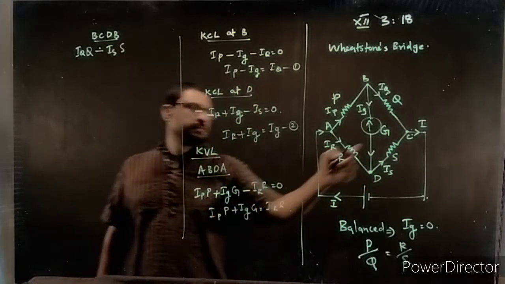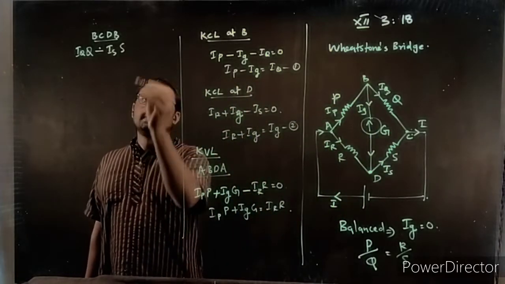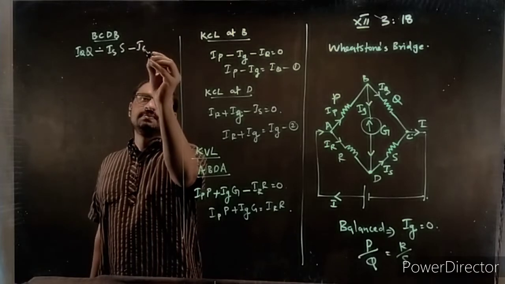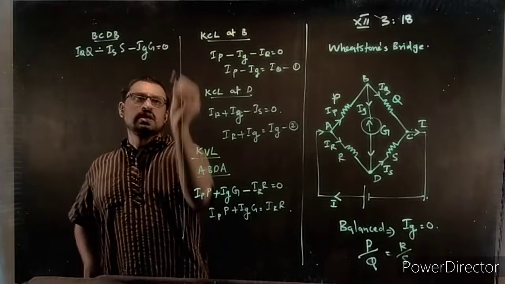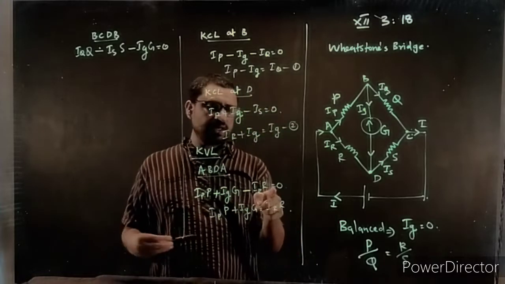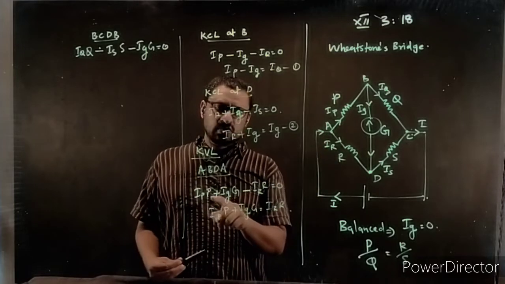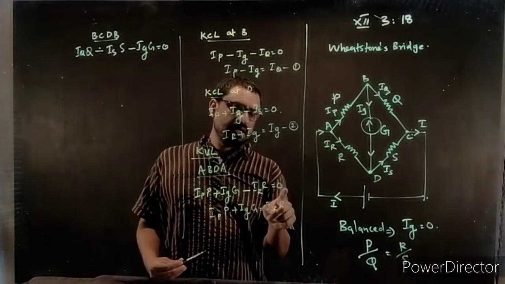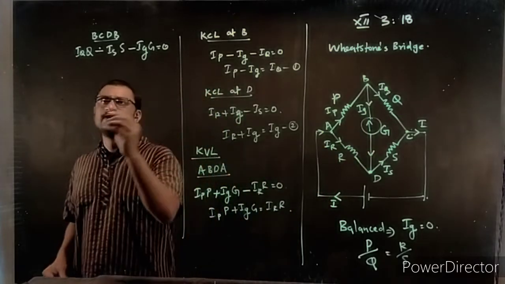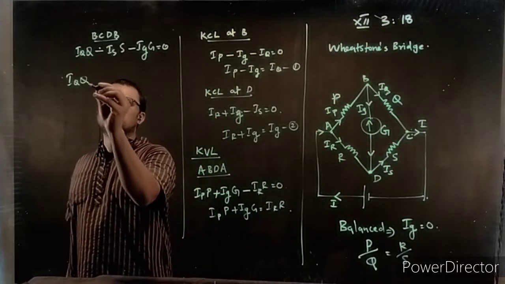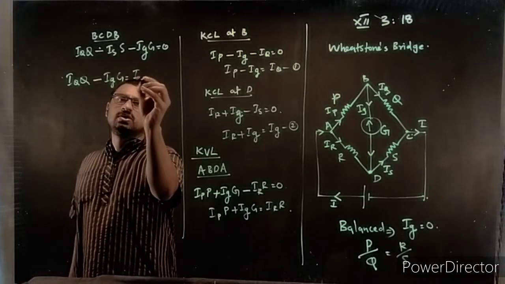ISS again is minus, minus IGG equal to, there is no EMF, right? So that is equal to 0. Because in this loop there is no EMF, I summed all IR and that is equal to 0. So you can say IQQ minus IGG equal to ISS.